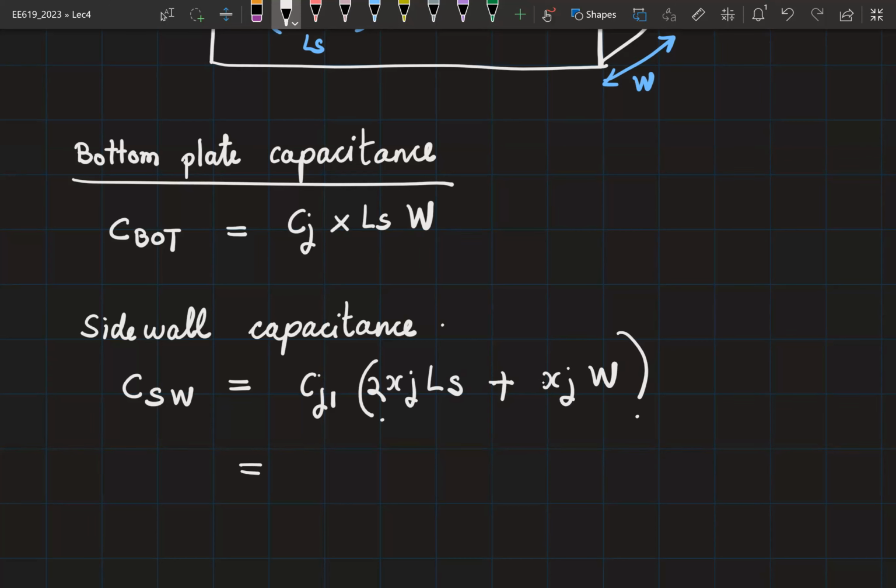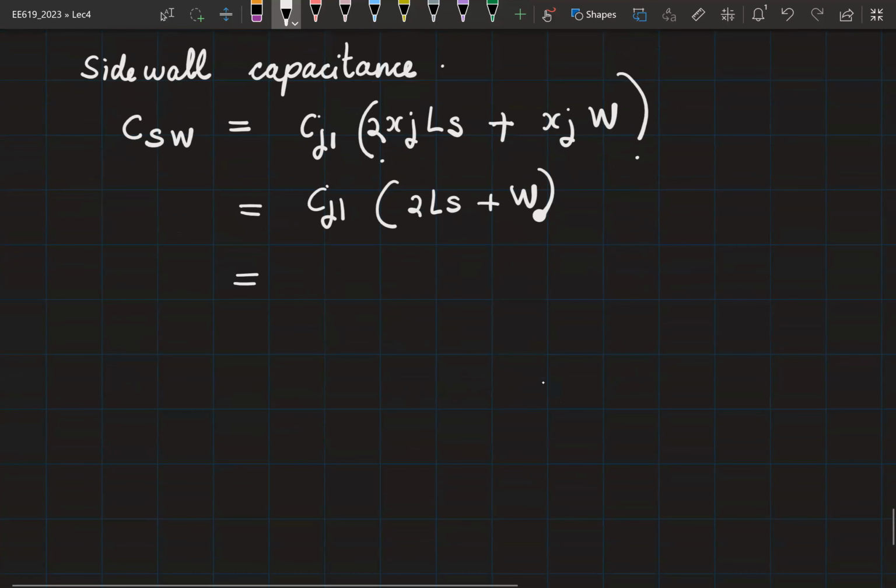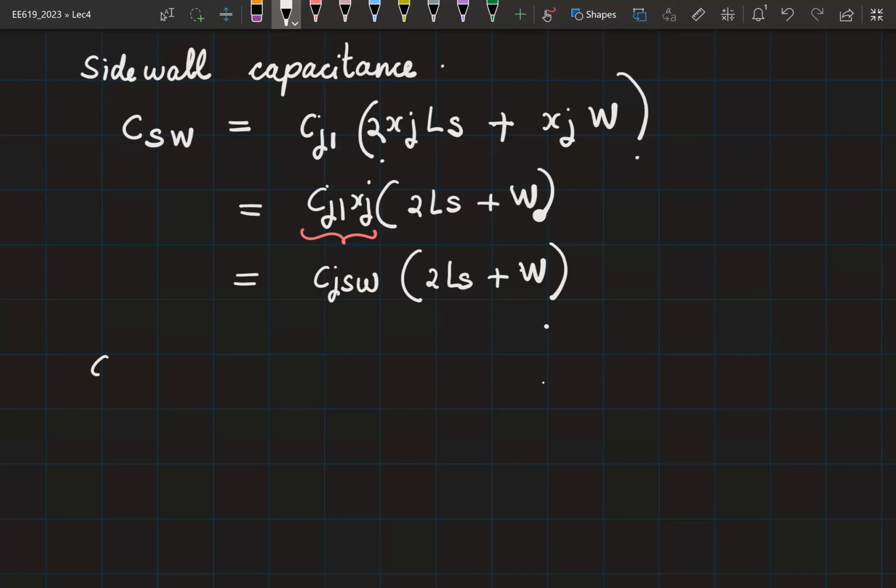So this becomes CJ1 into twice of LS plus W into XJ. And this parameter is what we call CJSW, into 2LS plus W. So my total capacitance CSB is now equal to the bottom plate capacitance plus the side wall capacitance.